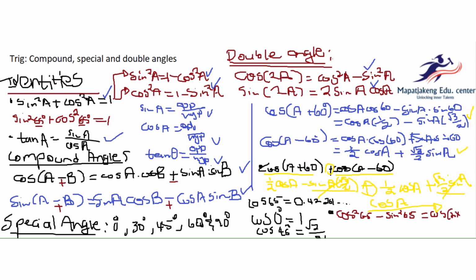What's our A? Our A is 65. You see where these two come from is part of the equation here. Then we're going to end up with cos of 65 times 2, it's 130. Then 130 is not a special angle. I guess you just leave your answer as cos 130.